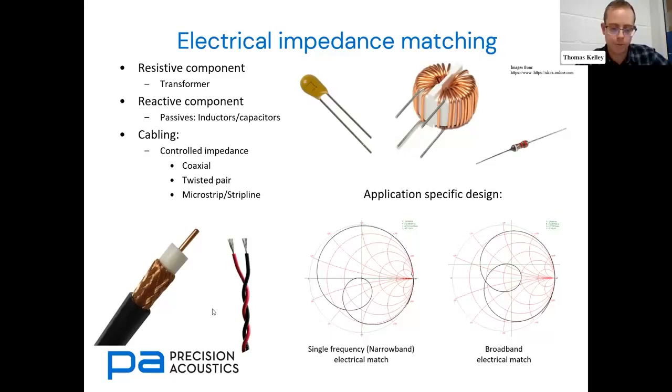So very commonly a coaxial cable, 50 or 75 ohms, or perhaps a twisted pair with very much more ability to tune impedance, but the twisting needs to be carefully controlled. Or perhaps a microstrip or some strip line if you're designing transducers on circuit boards.